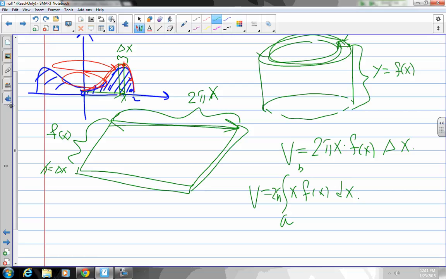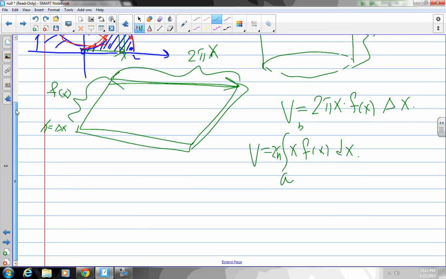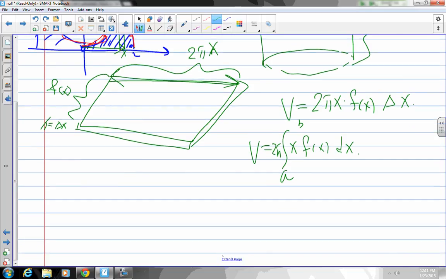So we need two methods, because sometimes you do have functions y in terms of x, but sometimes it's impossible to get y in terms of x. So you're trying to get x in terms of y, and you integrate the other way. Let me just write it down more officially. Cylindrical shells.